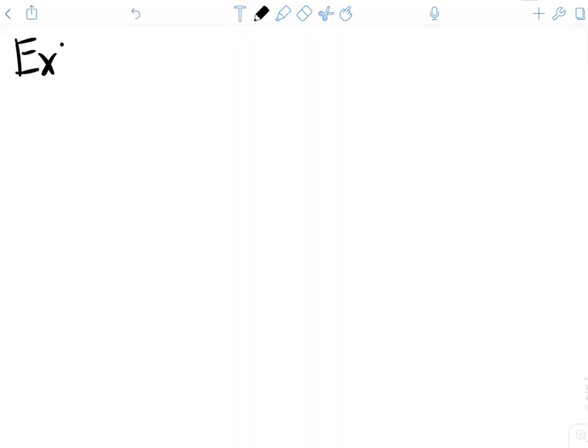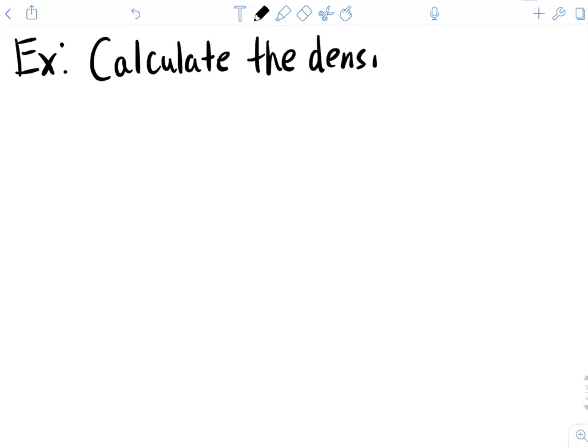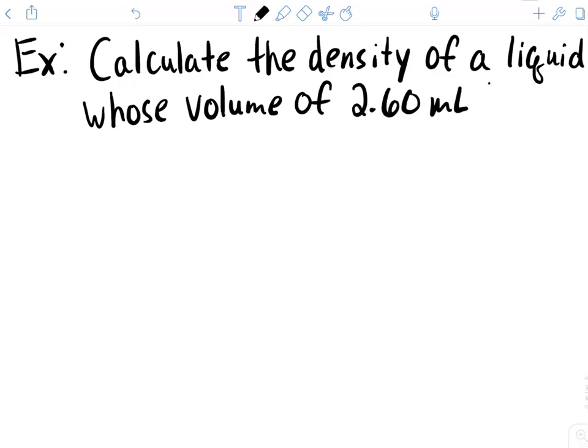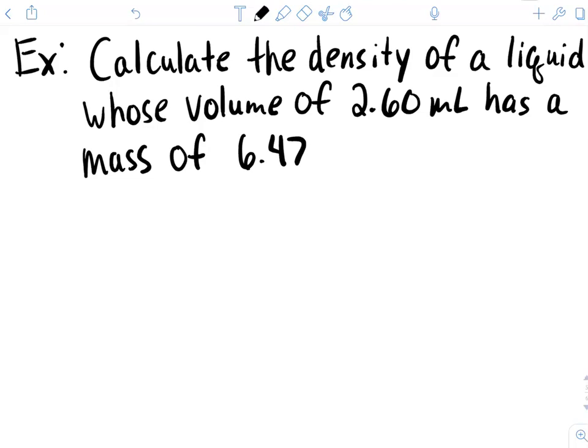So our first example is: calculate the density of a liquid whose volume of 2.60 milliliters has a mass of 6.47 grams.